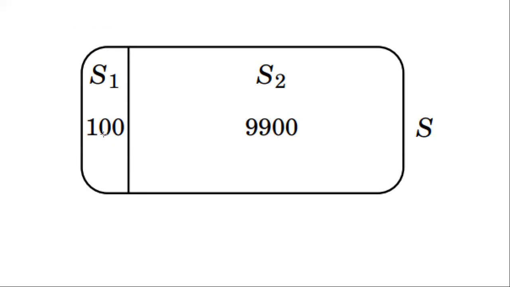Now the question is, we give everyone tests. We know that the company told us, and we're believing the company, that if you have the disease, meaning if you're in S1, there's a 99% chance you will test positive.